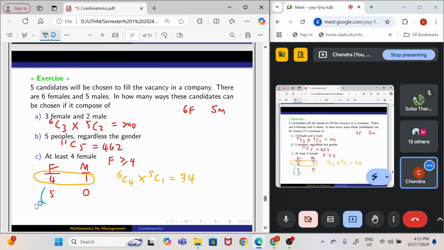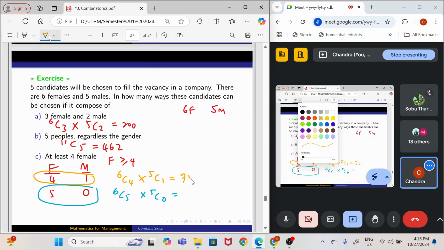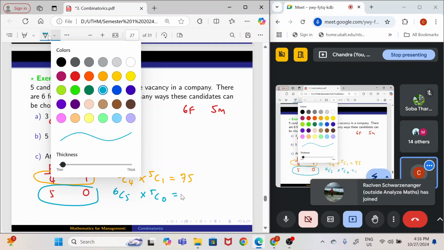Or, means this one, 6C5 times 5C0, you will get 6.